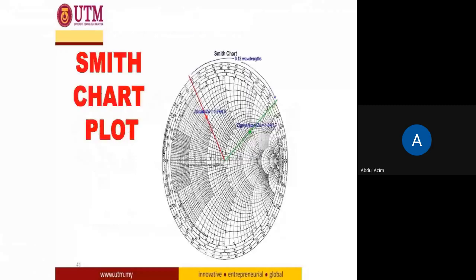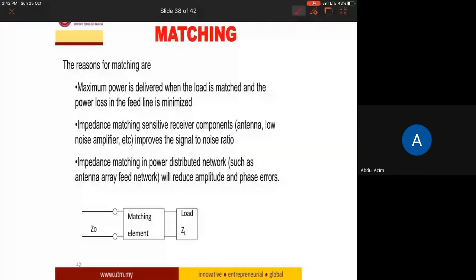The reason for matching is that we want the maximum power delivered when the load is matched and the power loss in the feed line is minimized. So basically, if you draw, there is Z0, and this is ZL.